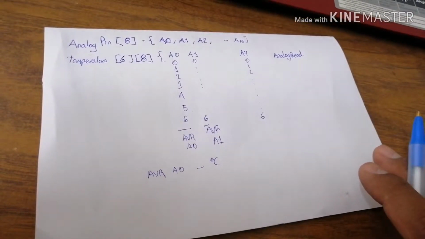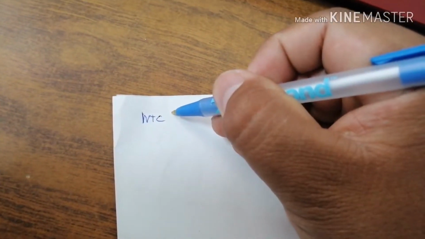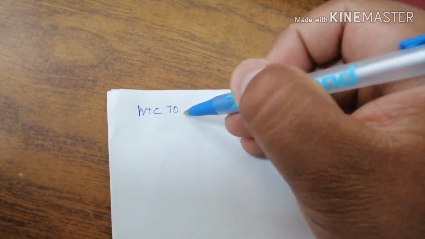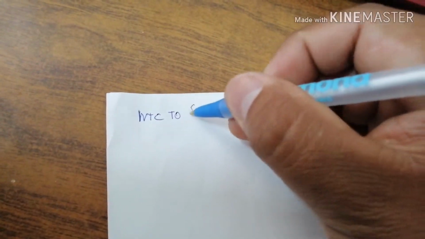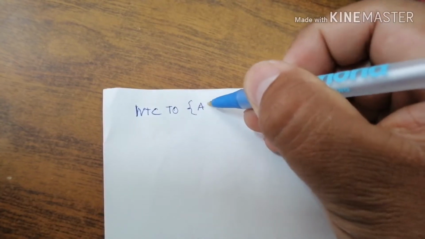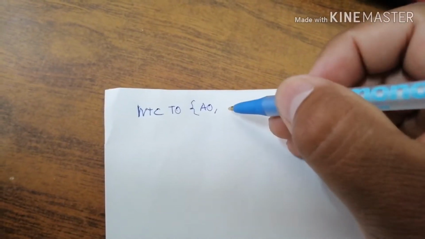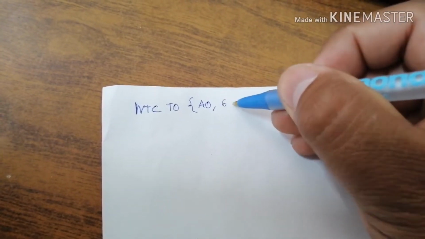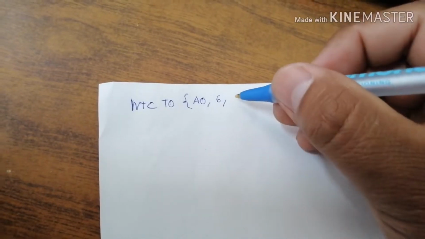What I need you to do is to create a library with a constructor. Let's say we have an NTC, let's say T0, and in the constructor I specify A0 as the analog pin and the amount of readings, let's say it takes 6 readings.